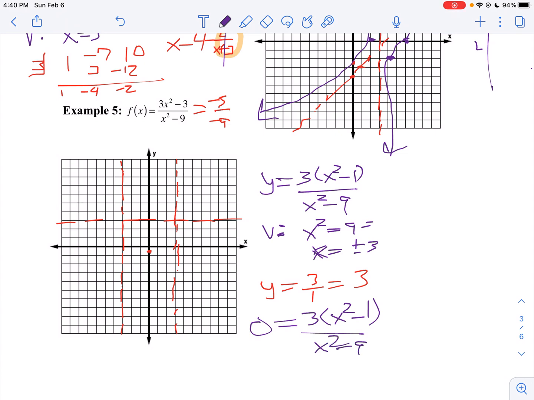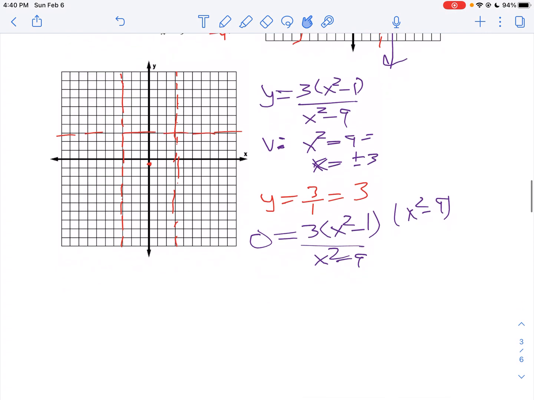I'll multiply both sides by x squared minus 9, and I get 0 equals x squared minus 1, essentially. So x is plus or minus 1. So I have an x-intercept at positive 1 and negative 1.